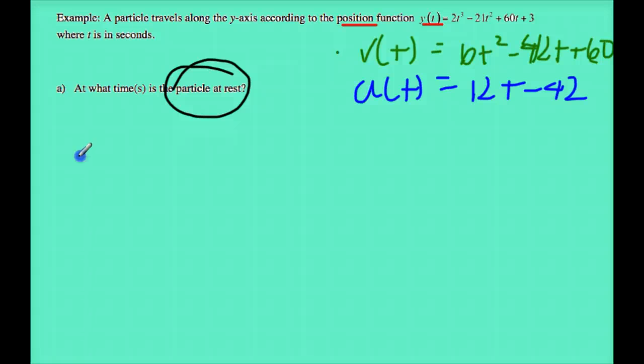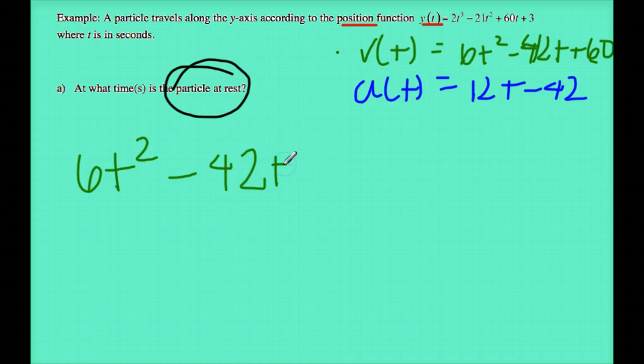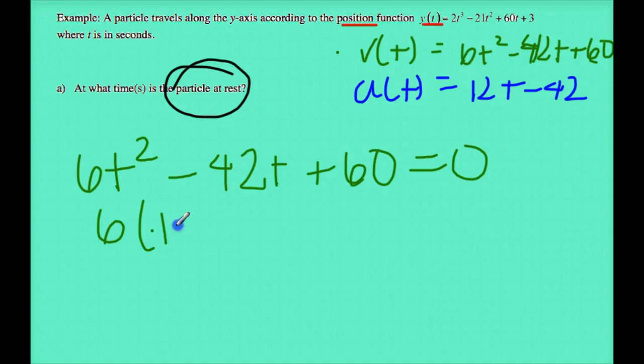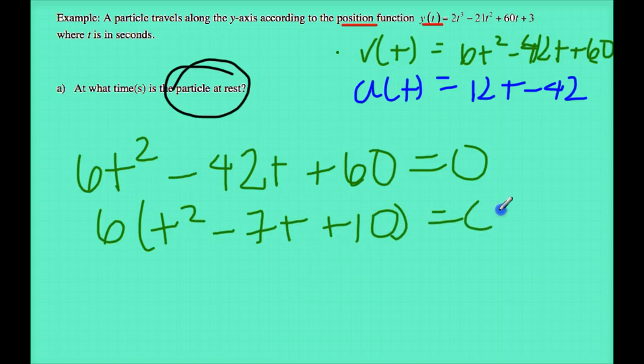So I'm going to get 6t squared minus 42t plus 60 equal to 0. Well, one of the fastest ways to do this is to factor, so I'm going to pull out a 6. I'm going to get t squared minus 7t plus 10 is equal to 0.